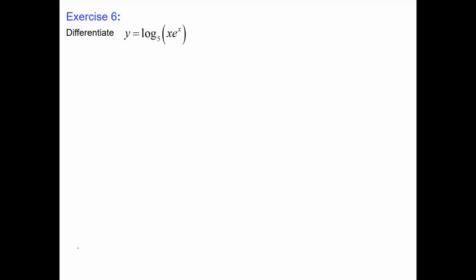Okay, log base 5 of x times e to the x. Yeah, this one we may also simplify. Let's maybe do it. Or we may use the product rule. Actually, let's try. Let's not simplify first, okay? And then we will try to rewrite the function and do it again. Okay, log base 5 of x e to the x.